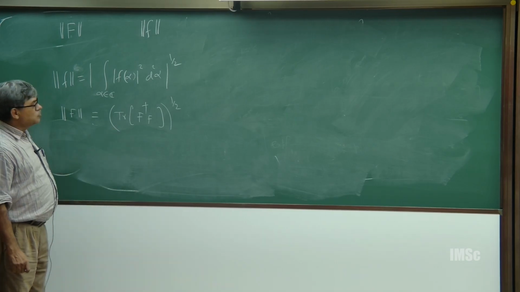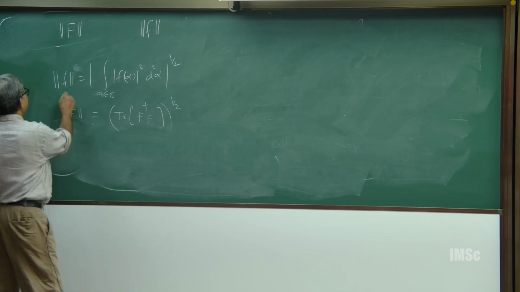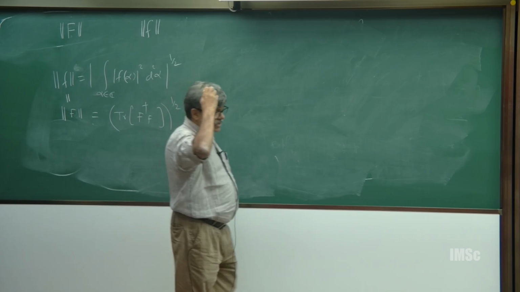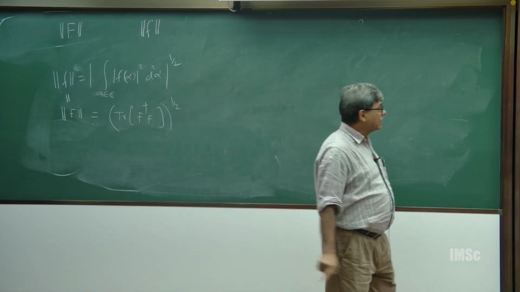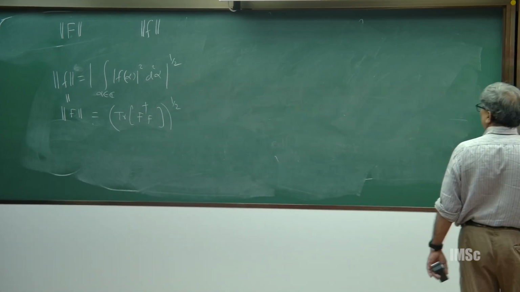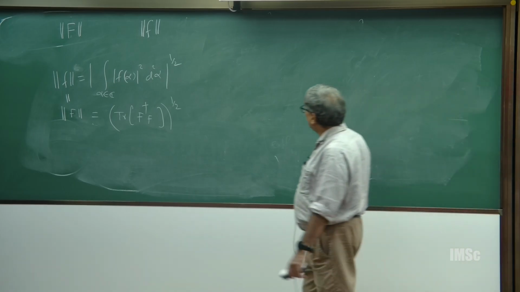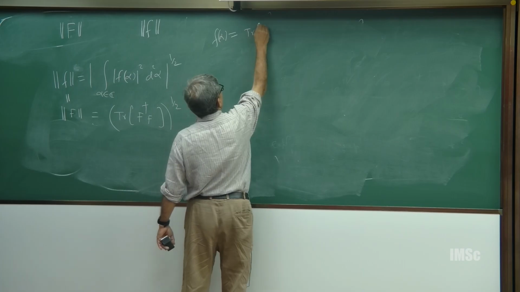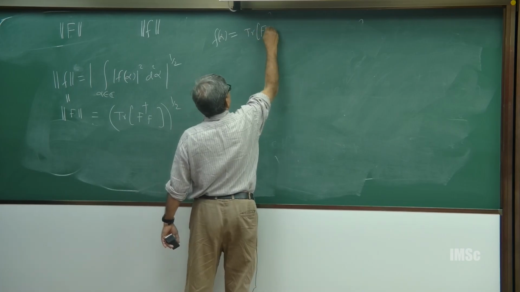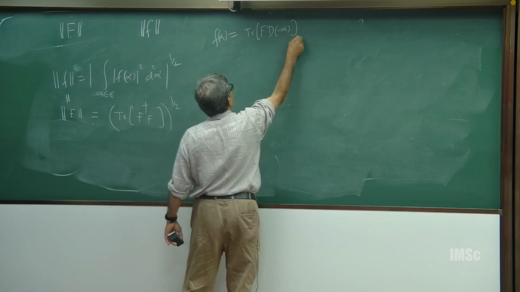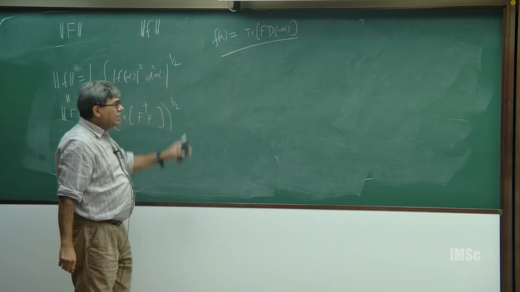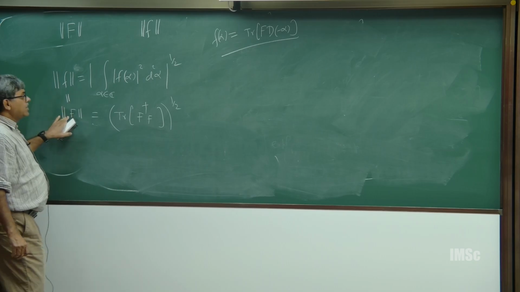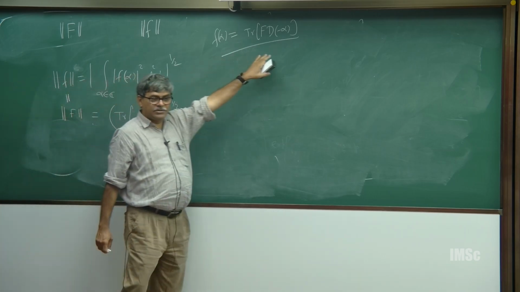So what you can prove is that these two are same, for any bounded operators. And what is your f that I already discussed? f of alpha is equal to trace of f times D of minus alpha, right. So using this expression, you can prove that these two are same, provided f is a bounded operator, right.